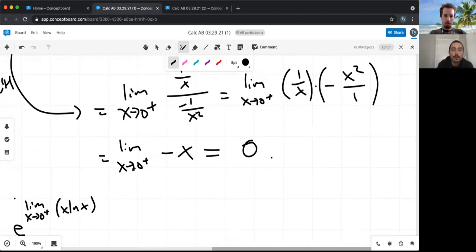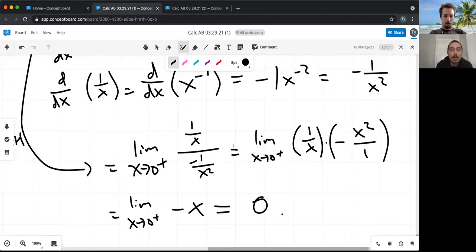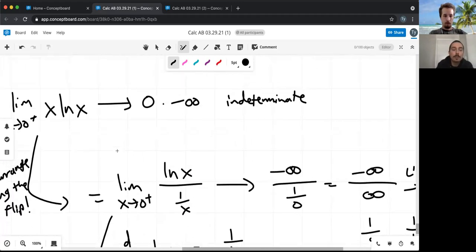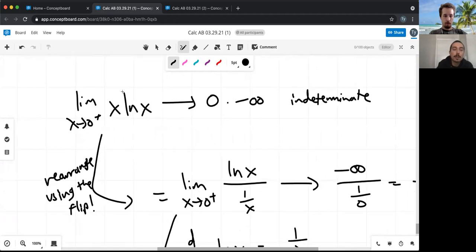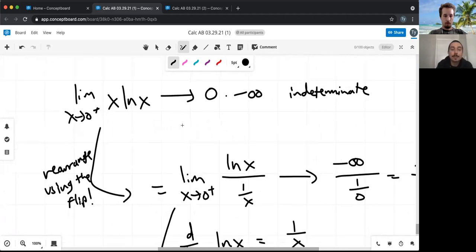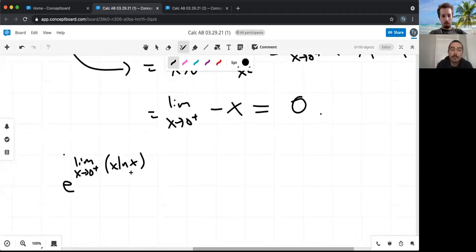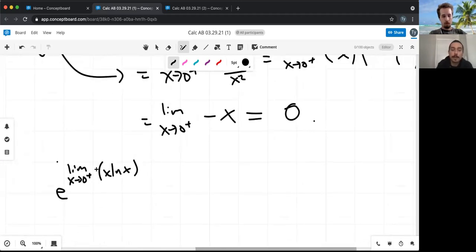So we found the limit as x approaches 0 from the right of negative x equals 0. That came from the limit as x approaches 0 from the right of x times natural log of x. We use L'Hopital's rule to get down here. But that's exactly what's in here.